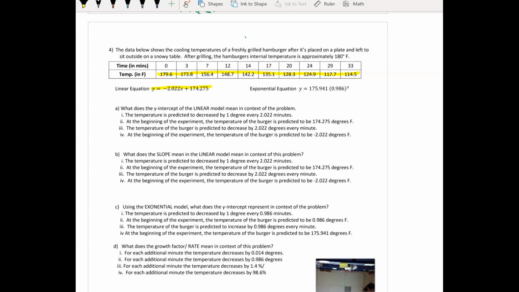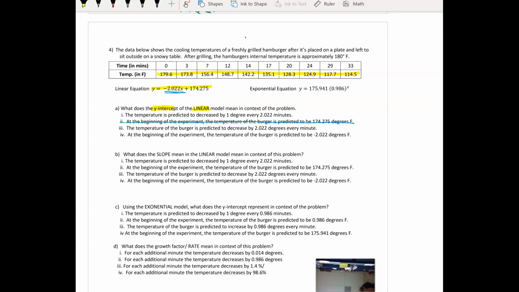So in the first ones, we're going to be looking at linear. So what's the y-intercept? So again, the y-intercept is this number that's alone. So when I'm looking, I can see just by looking at the numbers in there that this one's out because they don't even have that number in there. And the other thing is the temperature's decreasing. So yeah, so 1 and 3 definitely sound like they're showing up.